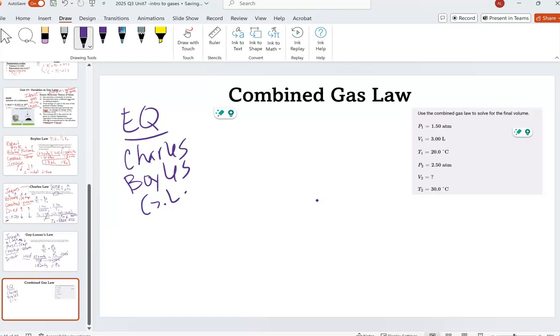You can use this equation when you're given all the variables except for one. You can use this equation to solve even a Charles's law or a Boyle's law problem, and you just ignore the variables that are not present. So our equation is P1 times V1 over T1 is equal to P2 times V2 over T2.